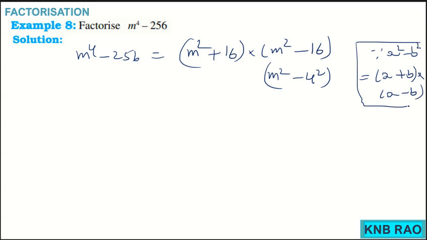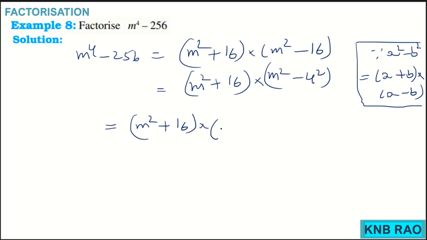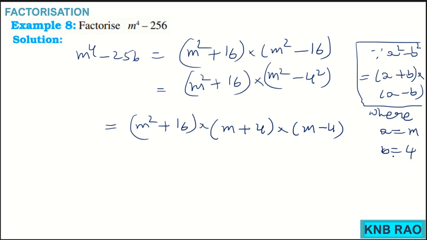So m square plus 16, one of the multiplicands, comes as it is. I am writing m square plus 16, which cannot be factorized further, so I will keep it as it is. This m square minus 4 square can be factorized as m plus 4 into m minus 4. Why? Because in the place of a you can observe m, in the place of b you can observe 4, and substitute a plus b as m plus 4 into a minus b as m minus 4.